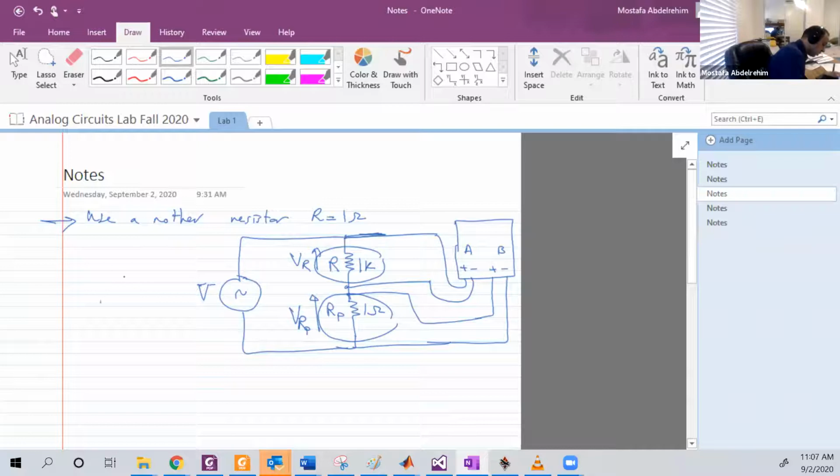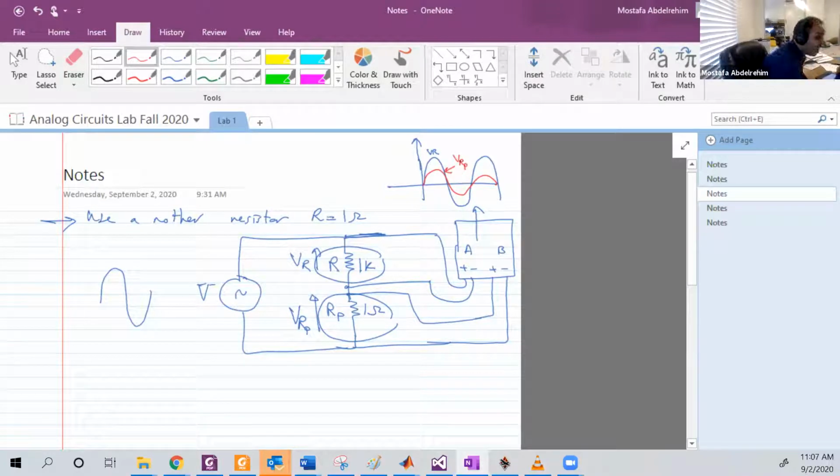If V is a sine wave like this, the screen will have 2 signals on top of each other. Let's draw it. This is V or VR, and with another color, for example red, this is VRB. But since RB is equal to 1, this is also IR.